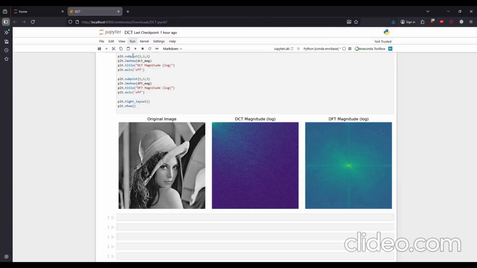Here, we compare the DCT and DFT of the same image. The DCT magnitude plot shows that most of the energy is concentrated in the top left corner, meaning low-frequency components dominate. In contrast, the DFT magnitude plot shows energy distributed symmetrically around the center due to complex exponential basis functions and periodic assumptions.